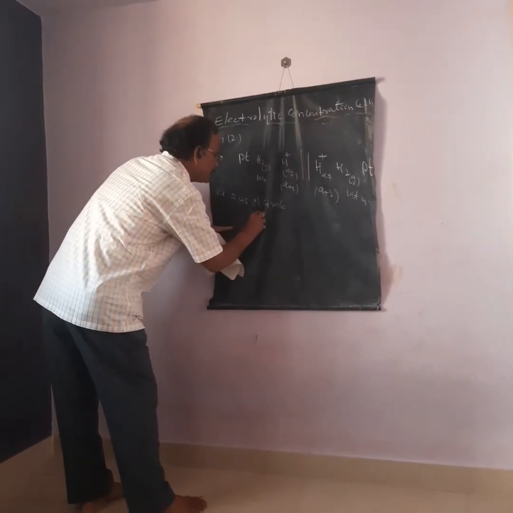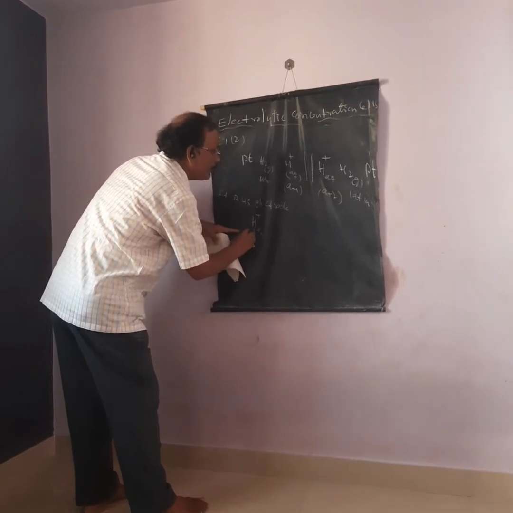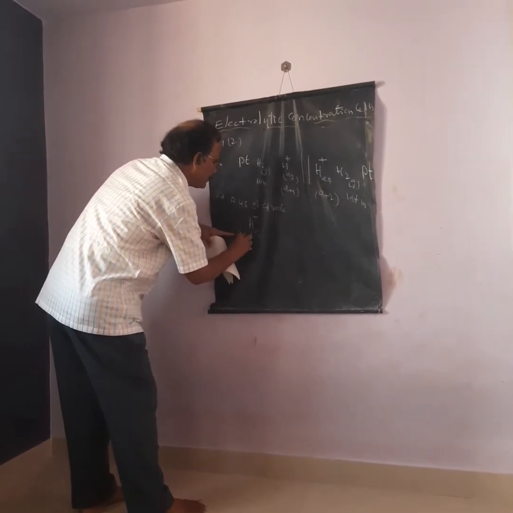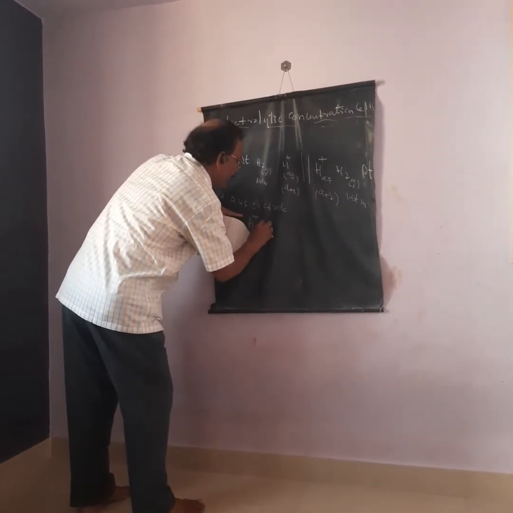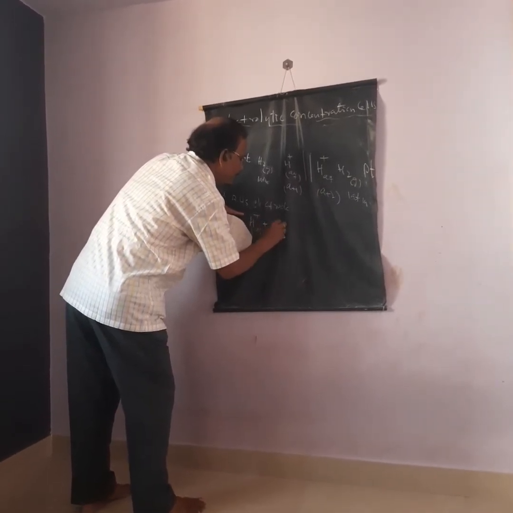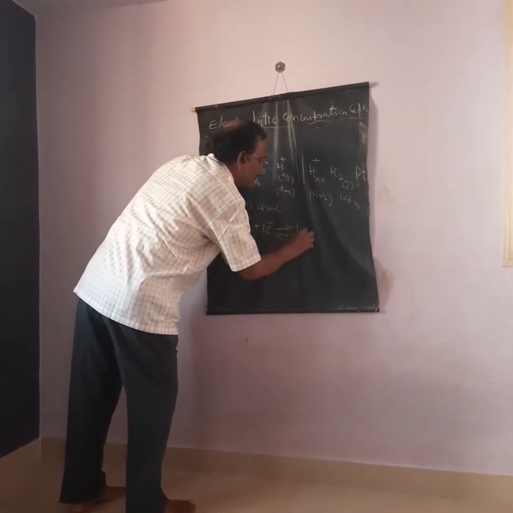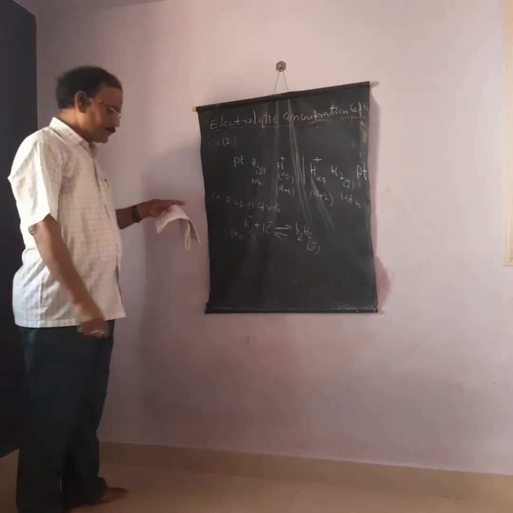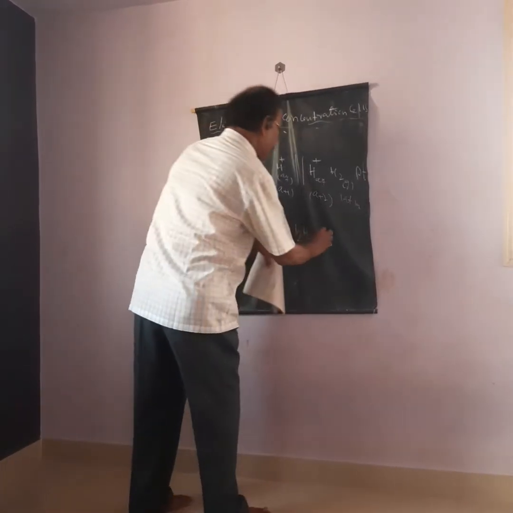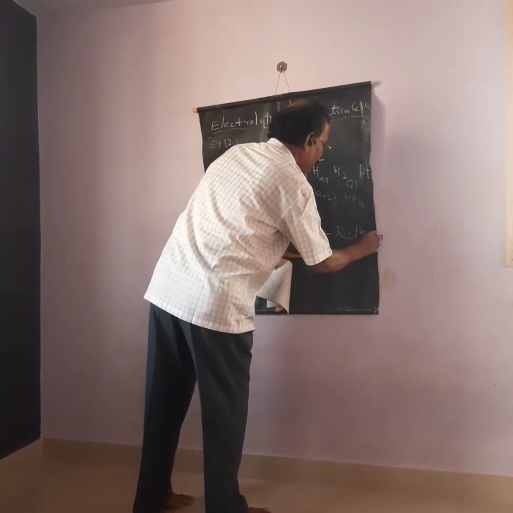So H plus aqueous at the activity of A plus 2 takes one electron to give half H2 gas. Half H2 gas, it is a reduction reaction. Say equation 1.